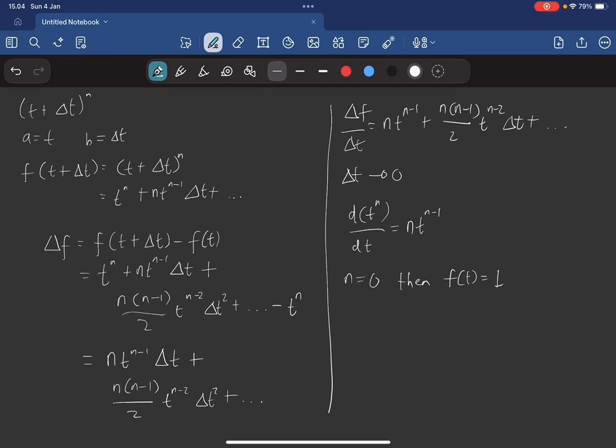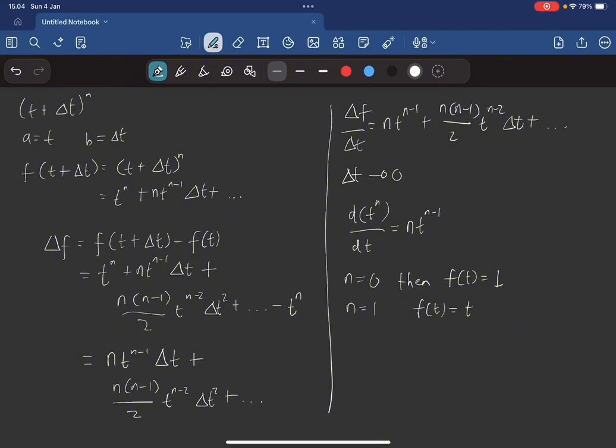This is the case for any function that doesn't change. If n equals 1, then f(t) equals t, and the derivative is 1. This is always true when you take the derivative of something with respect to itself.